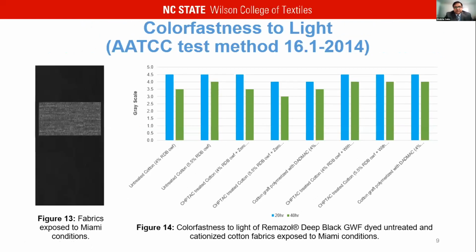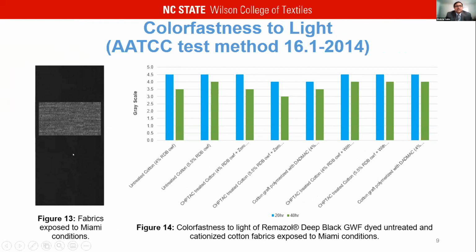Color fastness to light. Color fastness to light is a measure of fading of the black fabric compared to the original fabric when it was exposed to the weather condition of a certain place. In our case, it was exposed to Miami conditions.